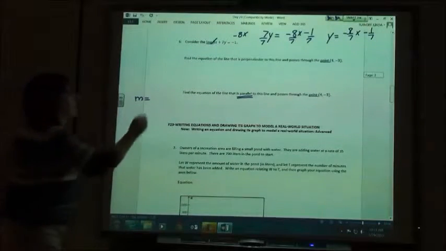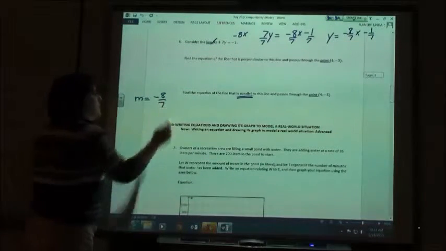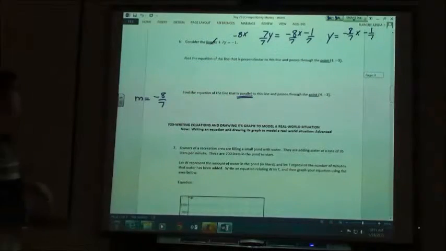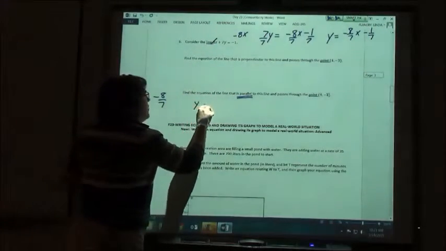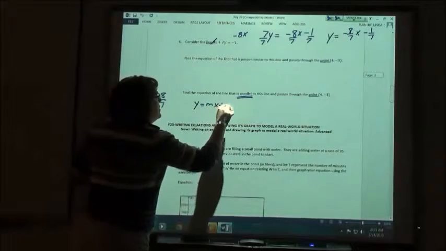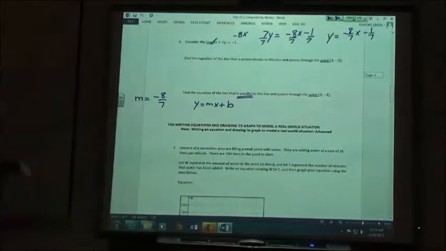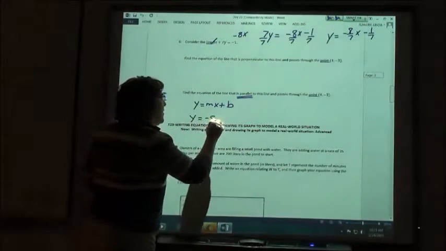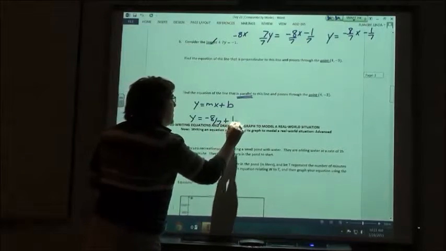Negative 8/7. Okay, so now we can go ahead and do the second part first. So we need y equals mx plus b. We know the m is going to be that negative 8/7.